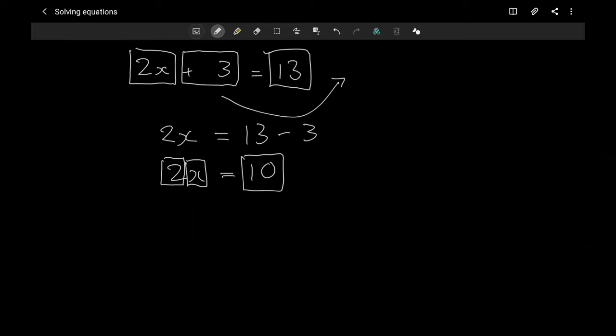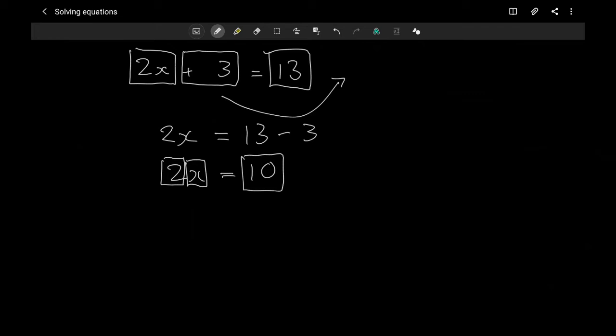So if you want the x by itself, your only option now is to get rid of the 2. You know that the 2 is a multiplication operation because it's 2x. It's 2 times x. So if you want to move the 2 over to the right-hand side, you need to do the opposite. And the opposite of multiplying by 2 would be divide by 2.